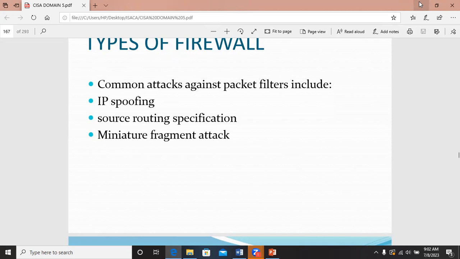All right. You have tiny fragment attack. So they can break the packet into more sub-packets, hoping that the fact that it's not a single packet will increase the chance of fooling the firewall. So that is also possible.